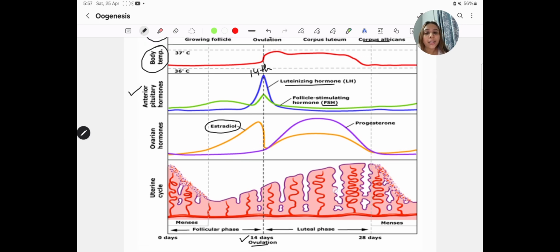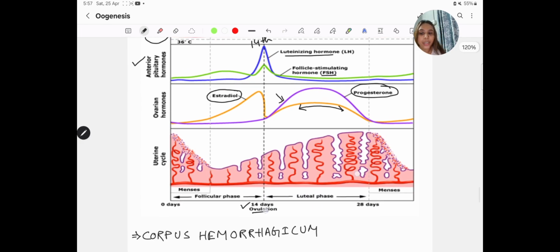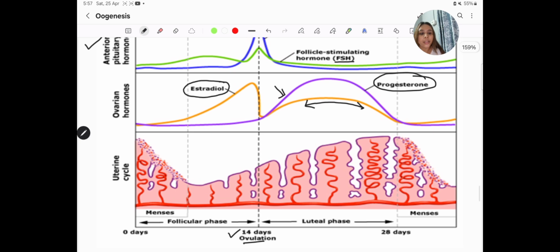Next you will see that there is a slight peak of estrogen after the 14th day, after ovulation, and this violet color is the progesterone. You will get a rise in the level of progesterone; the level becomes high after the 14th day, okay. So here is the endometrial cycle, whose duration is 0 to 28 days.